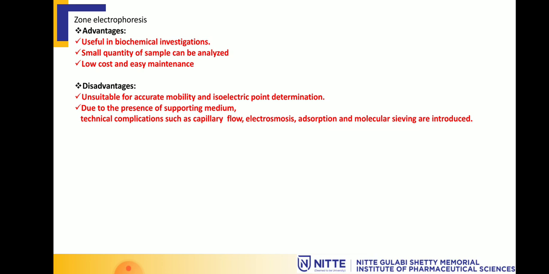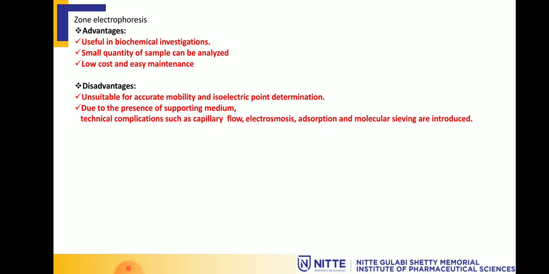We have learnt about the disadvantages with respect to the factors affecting electrophoresis. In the previous class, I talked about adsorption. Where does adsorption happen? It generally happens in a supporting medium made up of paper. The other effect is electroendosmosis. It is because of the presence of certain charged groups within the supporting medium.